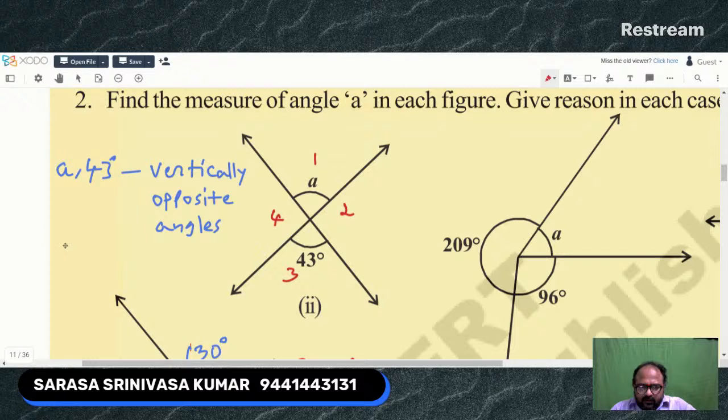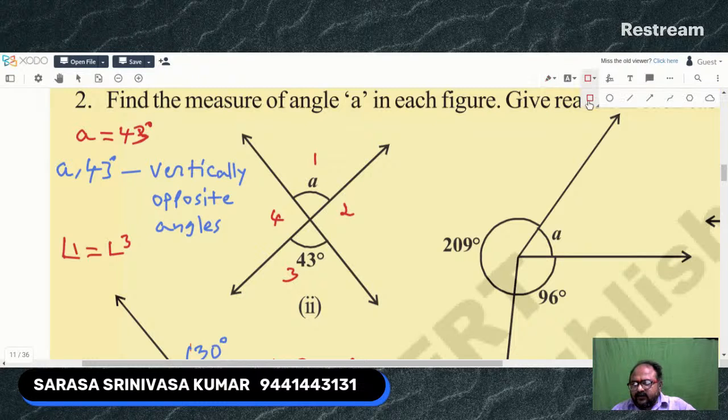Here, angle 1 is equal to angle 3. That is A equals 43 degrees. Why? Because vertically opposite angles are equal.